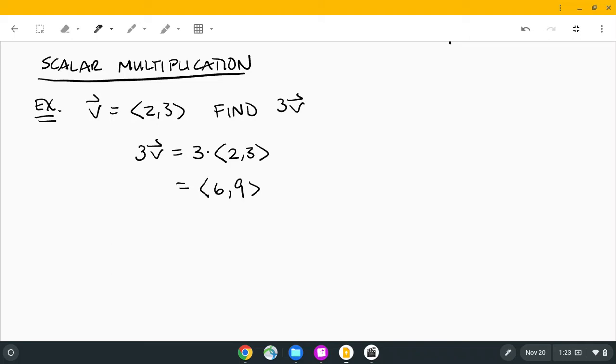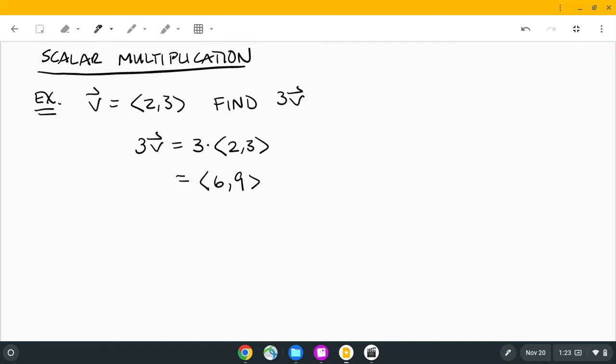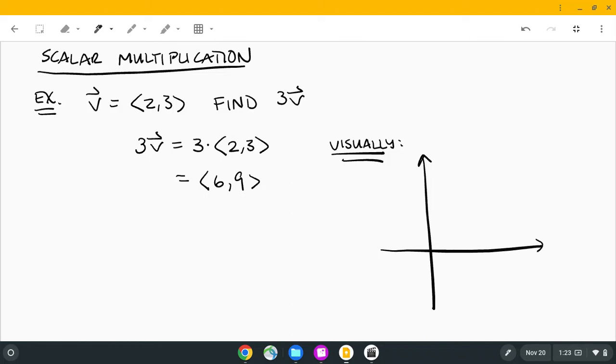Okay. And let's take a look and see what that looks like visually. Okay, so let's take a look at vector v. Vector v is 2, 3, so right over here.